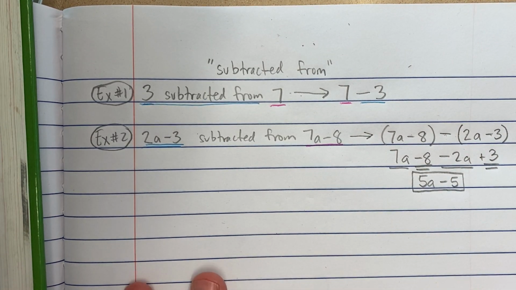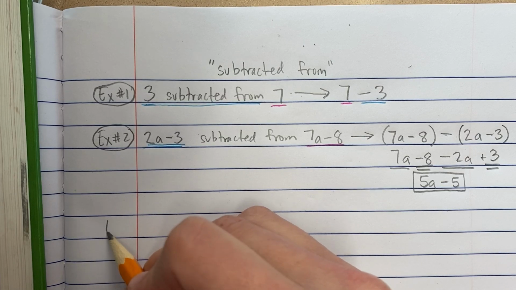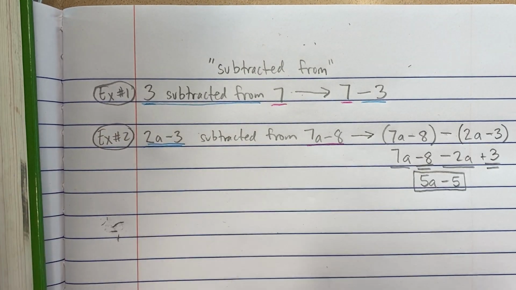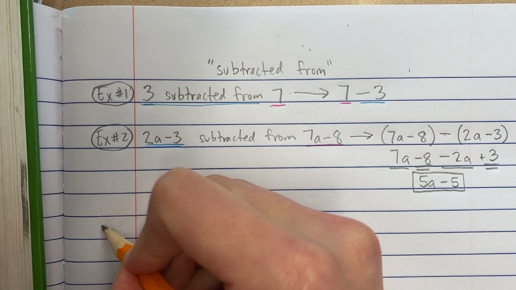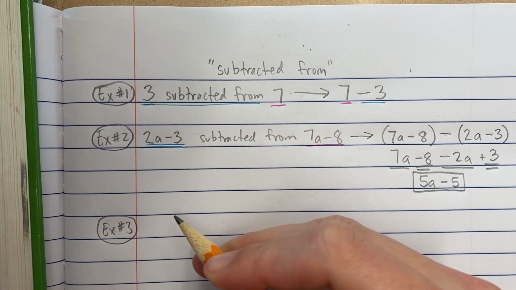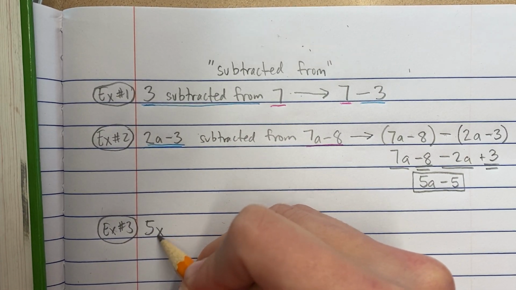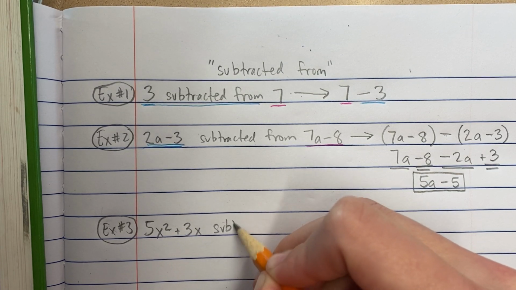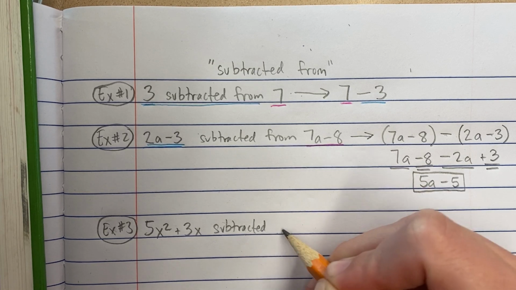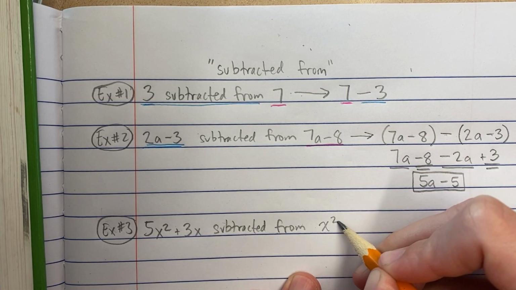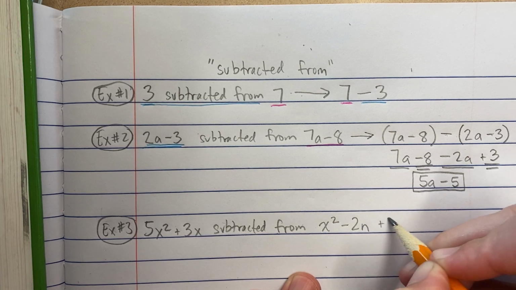Okay, one more example, and then I'll give you a chance to try this. Here is example number 3. This time, let's say 5x squared plus 3x is subtracted from x squared minus 2n plus 7.